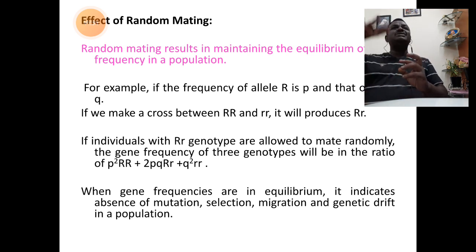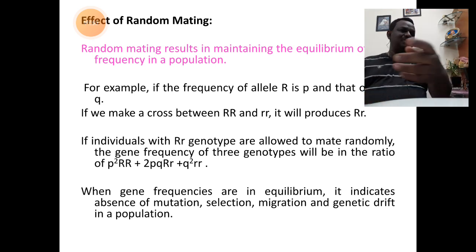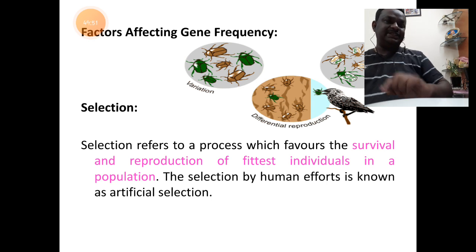Or if I bring in certain mutational changes in the population, then this frequency will not remain equal to 1. The value varies. So that's the importance of random mating.